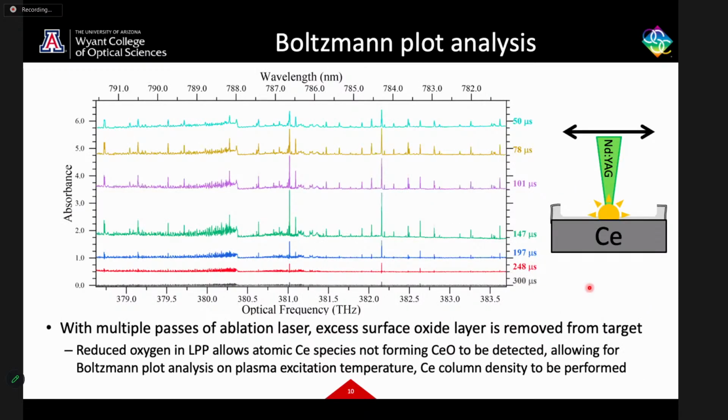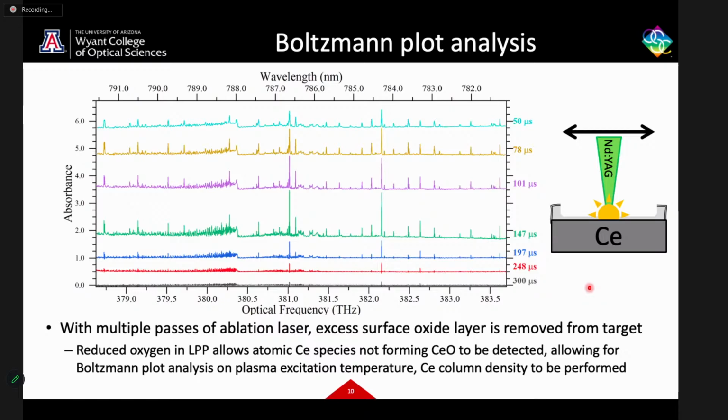However, one of the downsides to the cerium oxide spectra that we're looking at here is that it was fairly hard to directly model. So we weren't able to get as much direct information from the cerium oxide bands themselves as we were hoping for.